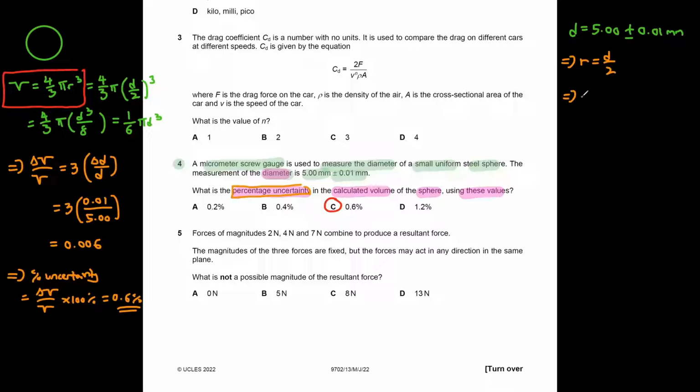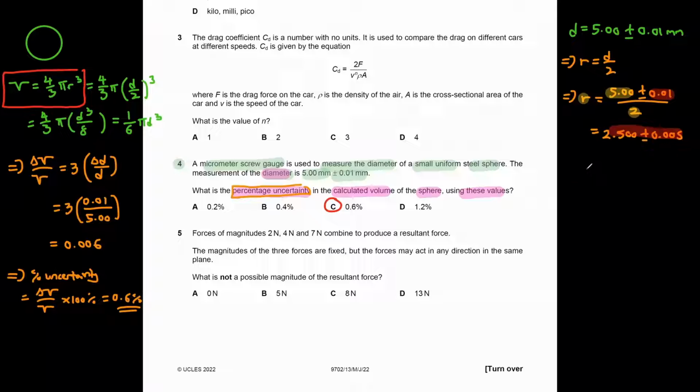So right now, when you want to get the radius, it's actually 5.00 plus minus 0.01 divided by 2, giving us 2.500 plus minus 0.005. When you want to get the radius value, you would divide the diameter by 2, but you would also need to divide the absolute uncertainty of the diameter by 2. You need to divide both values. Only then would your calculation for uncertainty be correct.